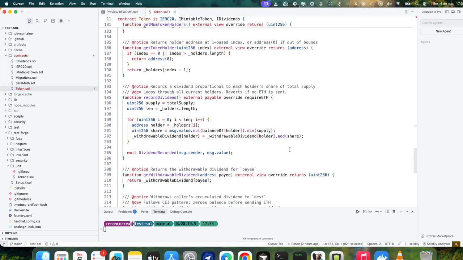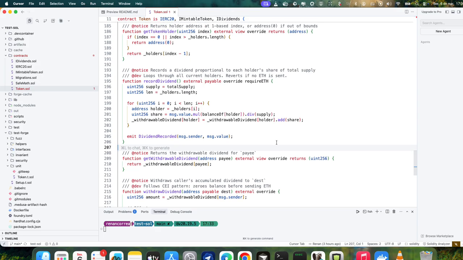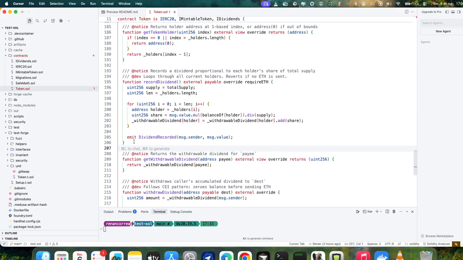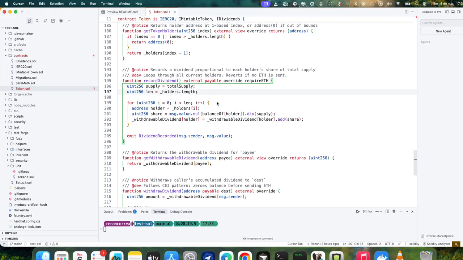The recordDividend function takes ETH and distributes it proportionally. It caches total supply and the holders' length, then loops through each holder, computing their share as msg.value times the balance divided by total supply. This gets accumulated in the withdrawable dividend map. An important detail: dividends are assigned to addresses, not to token positions.